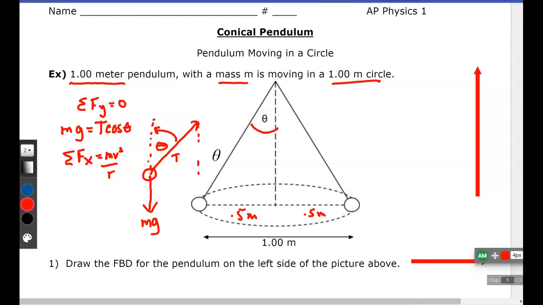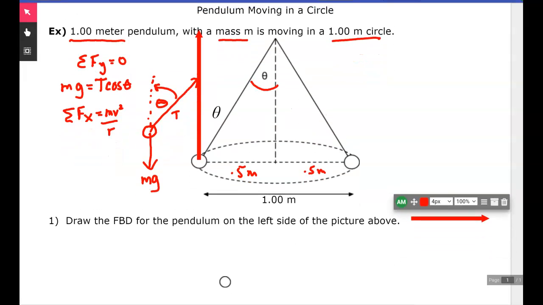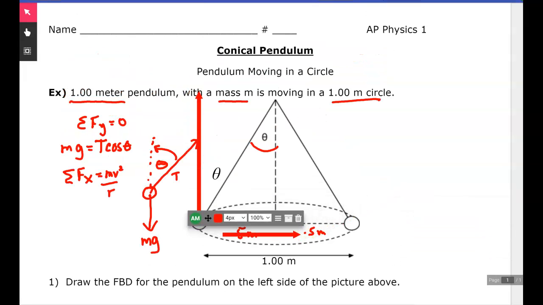Look at this picture again. Let me break this component down. The tension force has a vertical component, and it has a horizontal component. Let's put that over here, so you can see it better. So we're breaking the tension down to its two components, and you can see it's the horizontal component down here on the bottom that is providing the centripetal force.